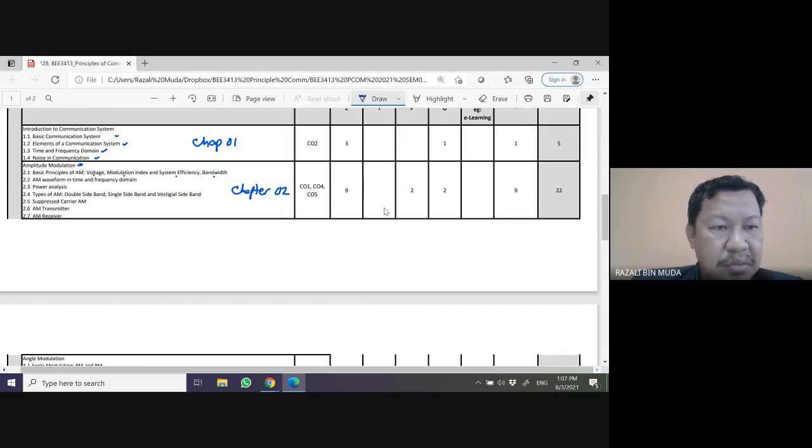Second subtopic is about AM waveform in time domain and also frequency domain. Okay. The third one is about the power analysis of AM waveform, AM signal. Then we will discuss types of AM signal, either double sideband, single sideband, or vestigial.